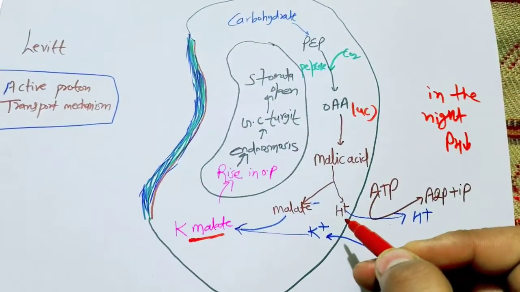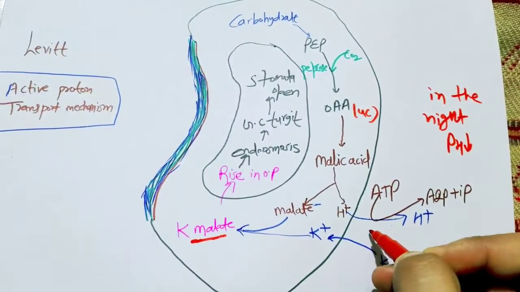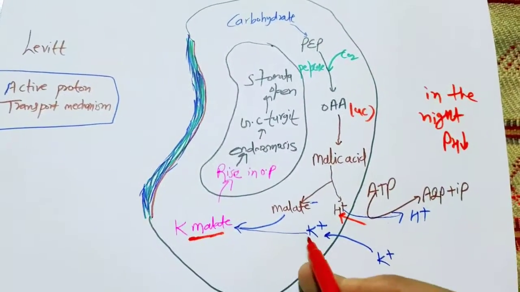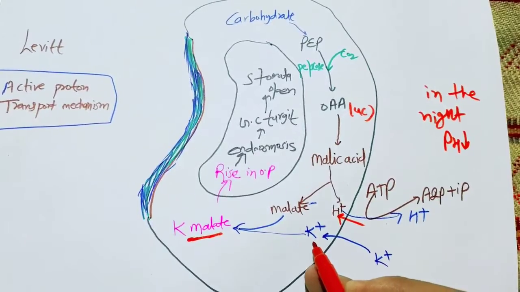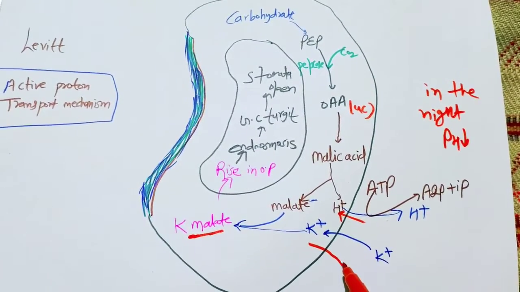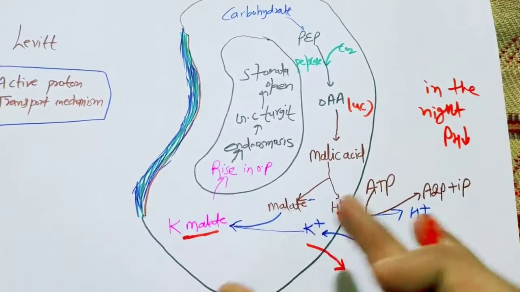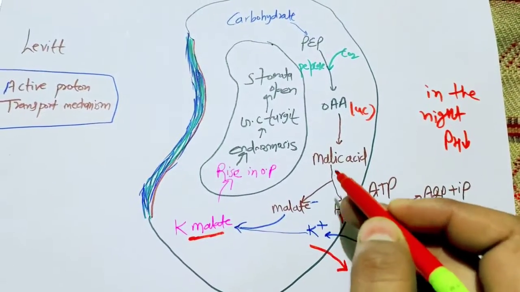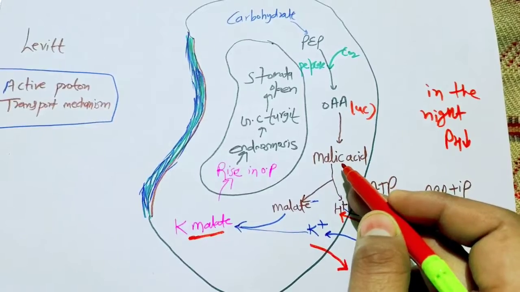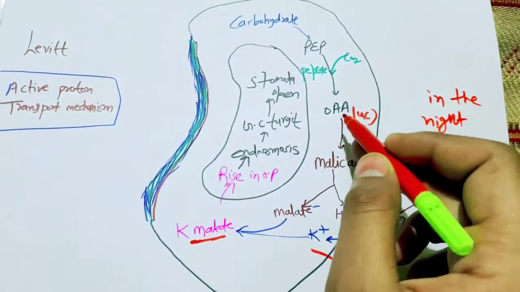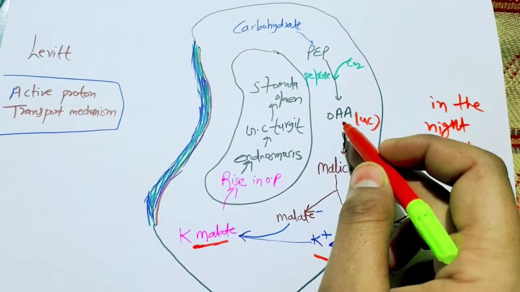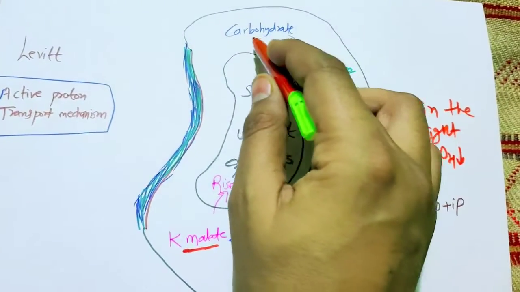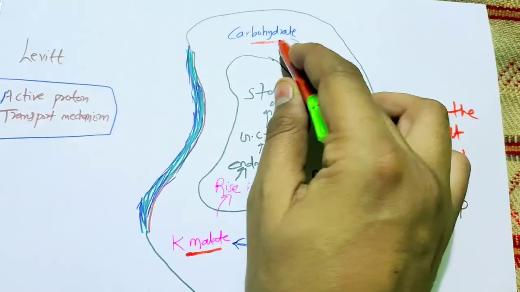Your H plus ion will be incoming in the night from the subsidiary cell to the guard cell, while K plus ion will be outgoing from the guard cell to the subsidiary cell. So this whole process will be inverted, while malate and H plus ion will again be converted into malic acid. Malic acid will again be converted into oxaloacetic acid, then phosphoenol pyruvic acid, and your carbohydrate will be synthesized again.